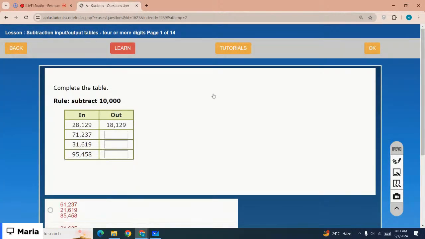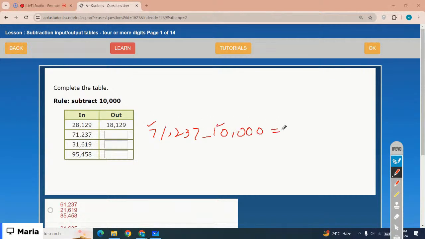Okay, the first one is complete the table. You have to apply the rule, that is subtract 10,000, from each input value. You already have the first value given. Start subtracting from the second one, and let's see which is the correct option. 71,237 minus 10,000: 7 minus 1 is 6, the rest of the digits are exactly the same.